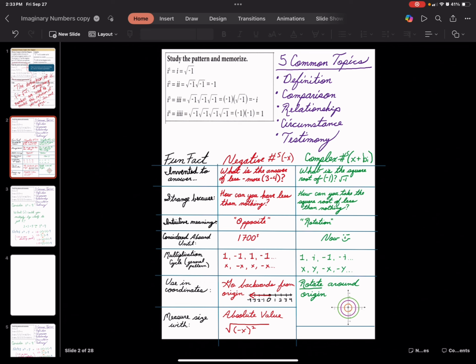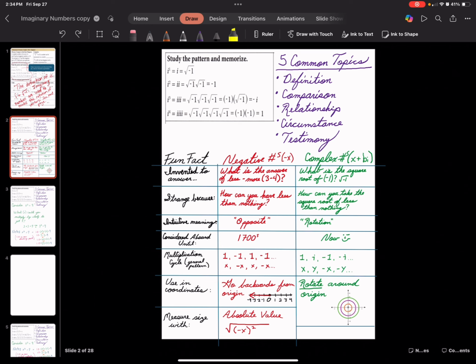And then, of course, testimony is really anything that we know, we have gathered information from what other people have put out into the world, and we process it and come up with our own understanding of that information. We're going to compare negative numbers and complex numbers, okay? And it's going to include some fun facts and information about those negative numbers and complex numbers.